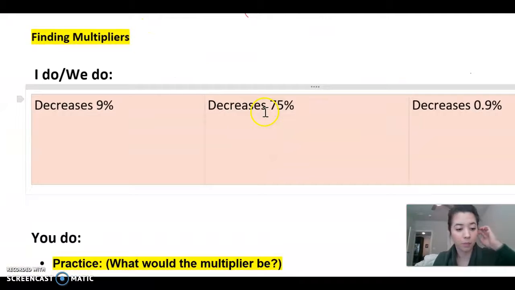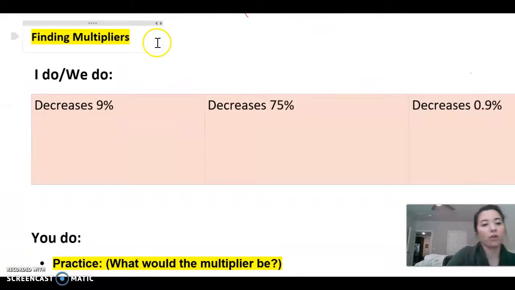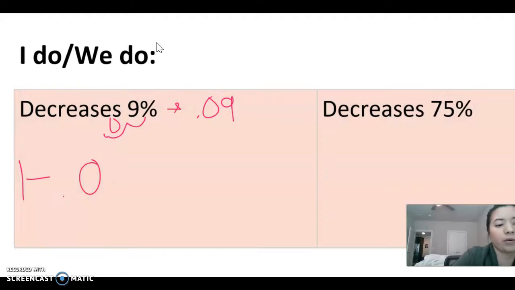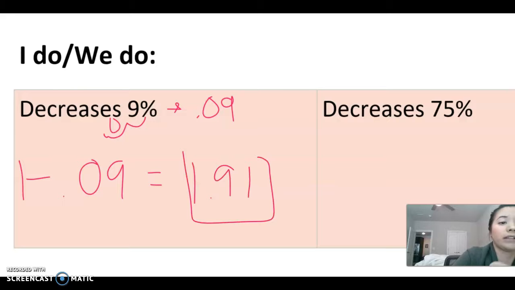So let's go ahead and just practice that for a second. So we're taking this and we're doing 1 minus our rate as a decimal. So I'm going to change it to a decimal first: once, twice. And we do 1 minus 0.09 instead of plus. Whoops, not that. 0.91.